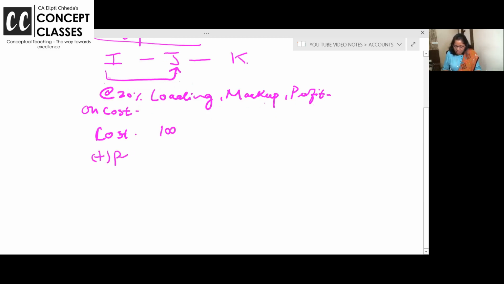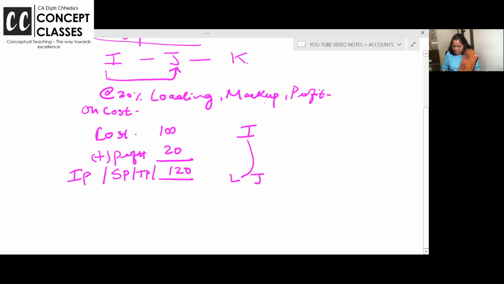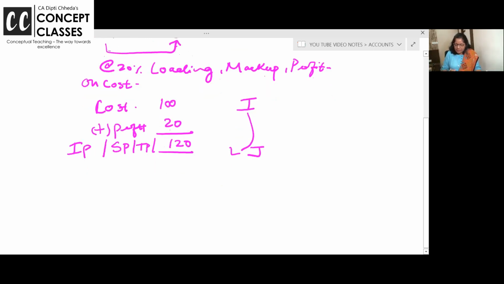What is the profit on the cost? 20. What is the selling price or the transfer price? 120. Selling price or transfer price or invoice price means I is sending goods to J with a profit of 20% on cost. If the percentage is on cost, let cost be 100.